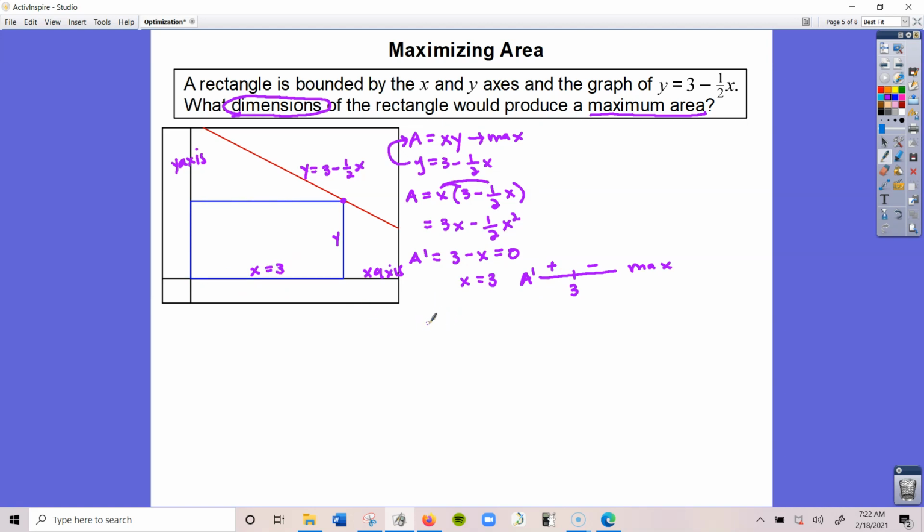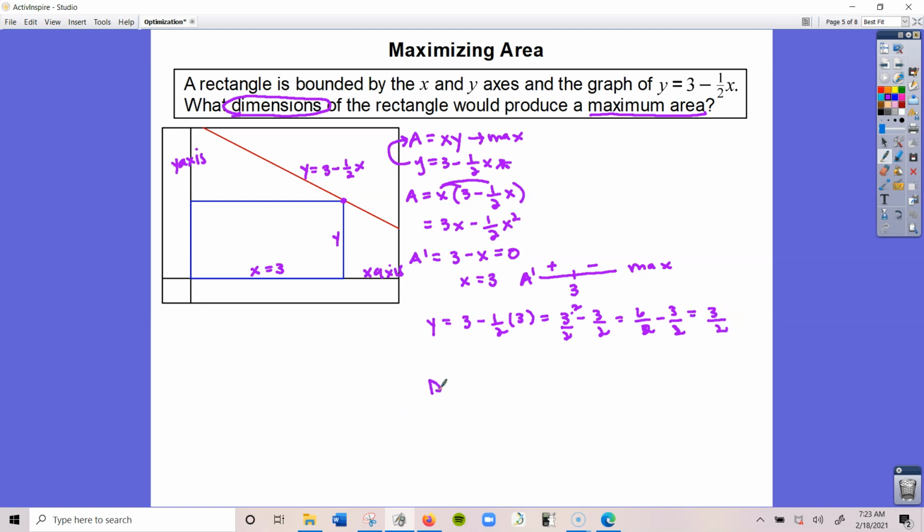So now I just need to solve for y. Since we have the equation for y here, I can take my x and plug it in. So y is equal to 3 minus 1/2 times the x, which is 3. This is going to give me 3 minus 3 over 2, which then I would have to put over 2, so multiply the numerator by 2, and that gives me 6 over 2 minus 3 over 2, which is equal to 3 over 2.